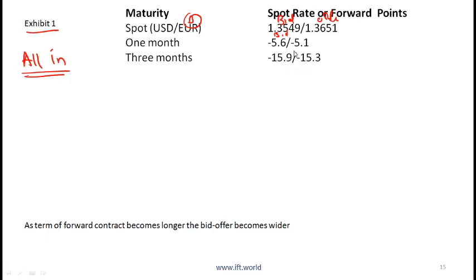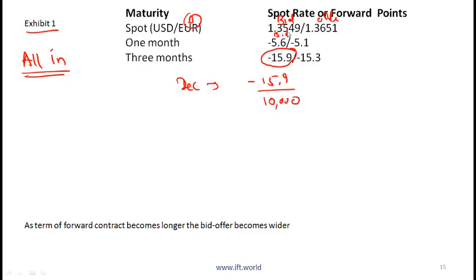The way we do that is, this is a number that tells us the forward points. To convert forward points into decimal, we need to divide by 10,000. So to convert into decimal, we say minus 15.9 divided by 10,000.